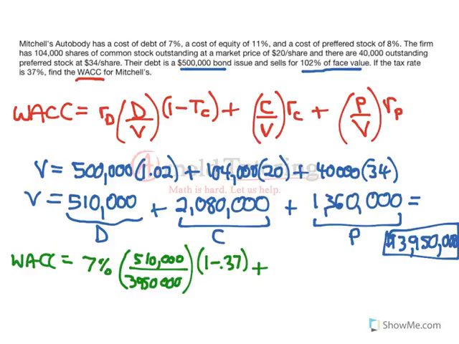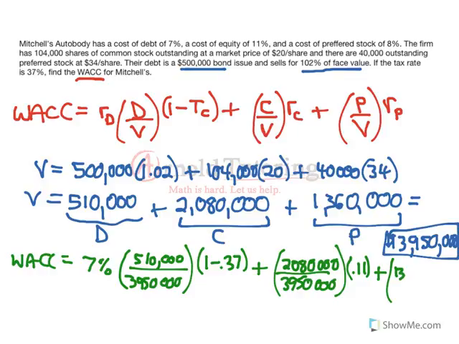Plus our ratio of common stock, which we said was the 2,080,000 divided by 3,950,000. And our return on common stock is the cost of equity, so that is 11%. I'll write it as a decimal this time so we can show what we're doing. And the last part is the preferred stock.